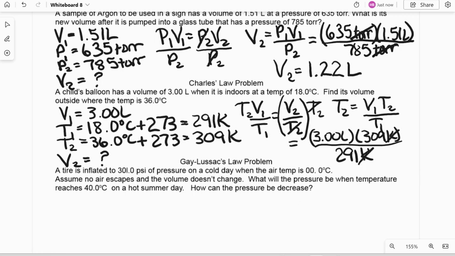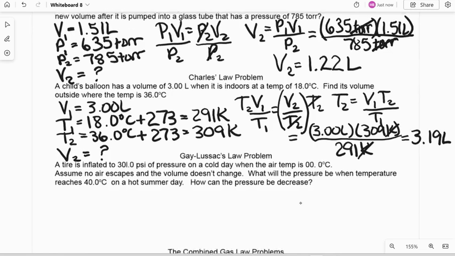Let's cancel these out. And my calculator tells me 3.185567001. We're again in 3 sig figs, so it's going to be 3.19 liters. So the temperature went up, so did the volume. That makes sense.